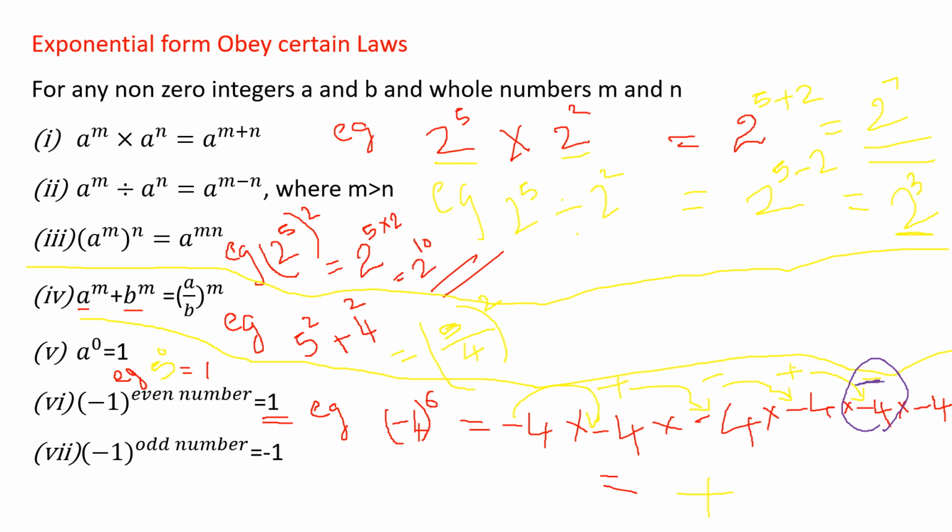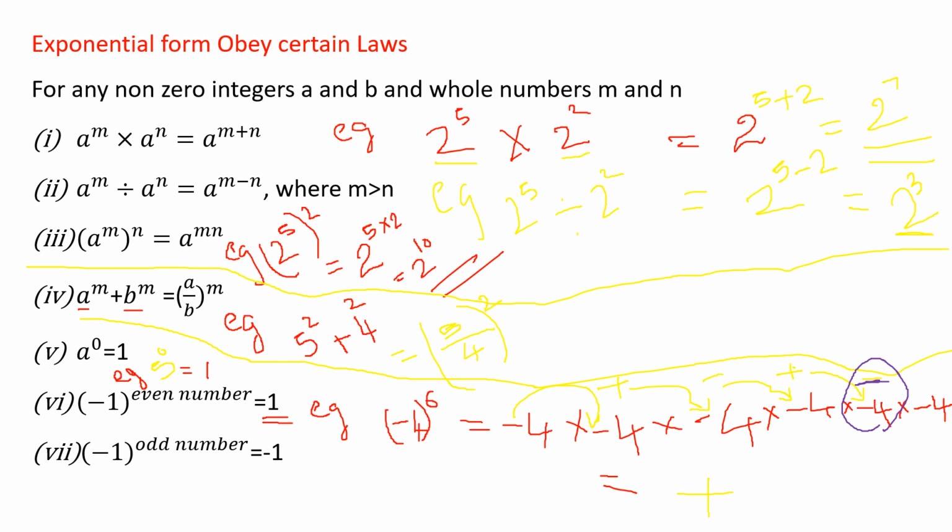Minus. So the answer will be negative. So if you see a negative number and the power is even, the answer will always be a positive number. And if the power is odd, the answer will always be a negative number. The same formula you have learned in the first chapter, integers.